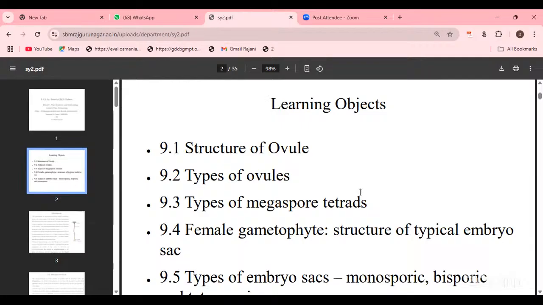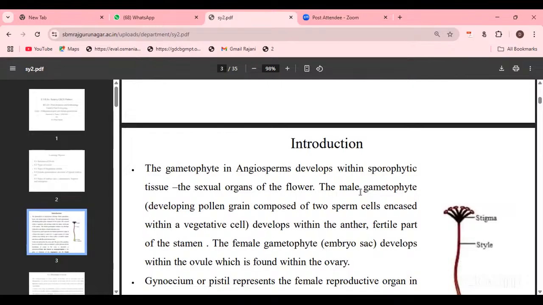Female gametophyte structure. The female gametophyte structure of a typical embryo sac. Next one is the... develops within the sporophytic tissues.